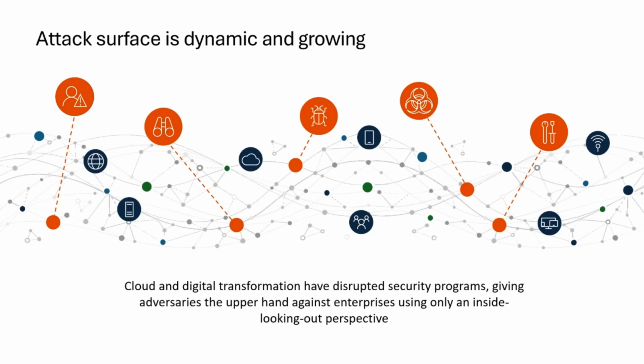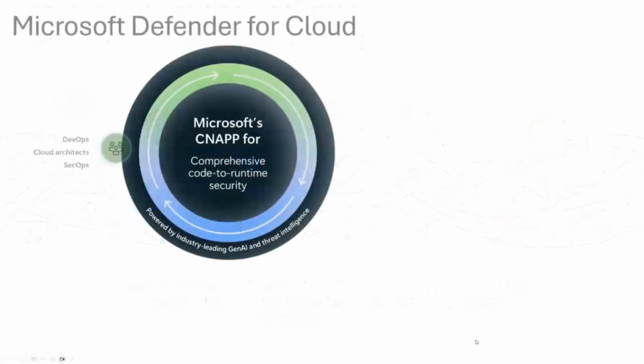So the traditional security tools often present information in lists of vulnerabilities, lists of assets, lists of alerts. But the attackers exploit the connections, the relationships between them, so they can move through the environment. So this is when Defender for Cloud comes in.